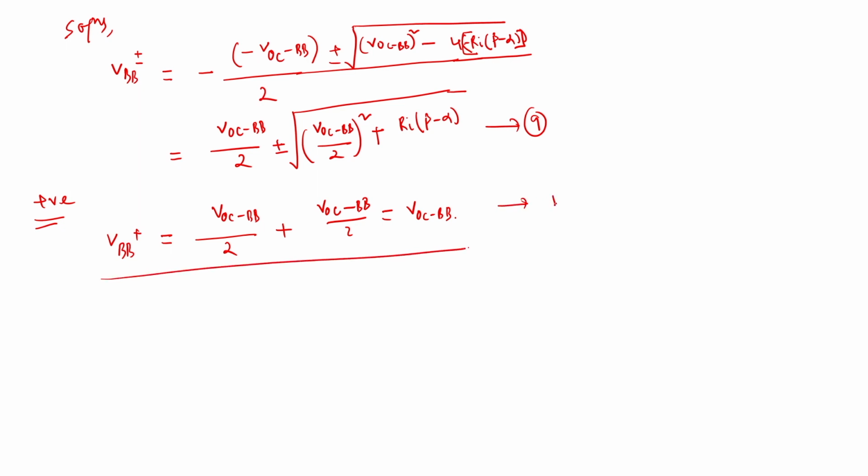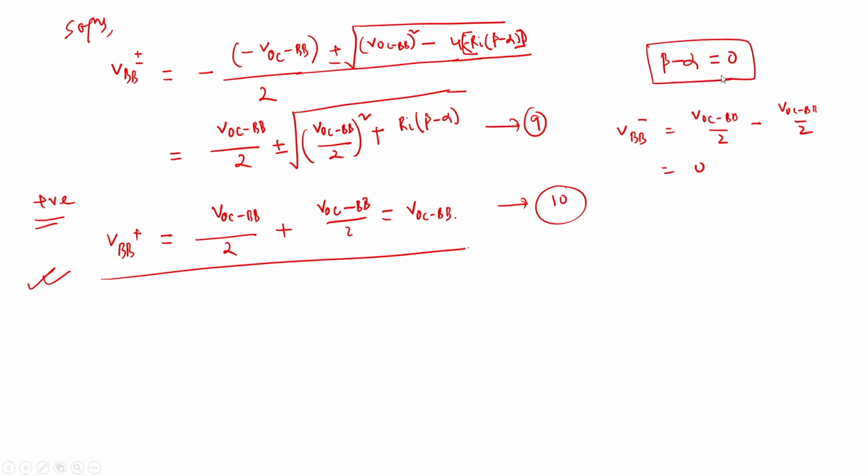So, this may be equation number 10, fine. So, this is the positive solution. Otherwise, if we use this negative sign here, the other solution VBB negative will be VOC BB divided by 2 minus VOC BB divided by 2, it will be 0, considering beta minus alpha is 0. Okay.